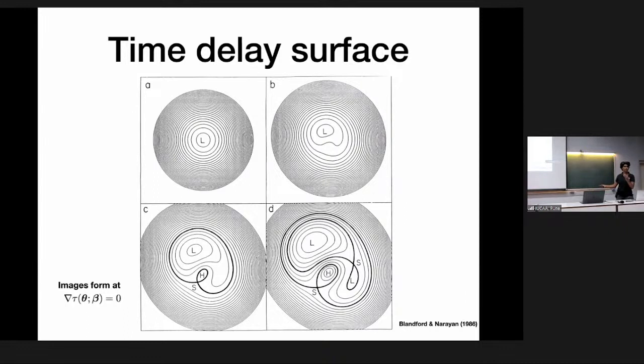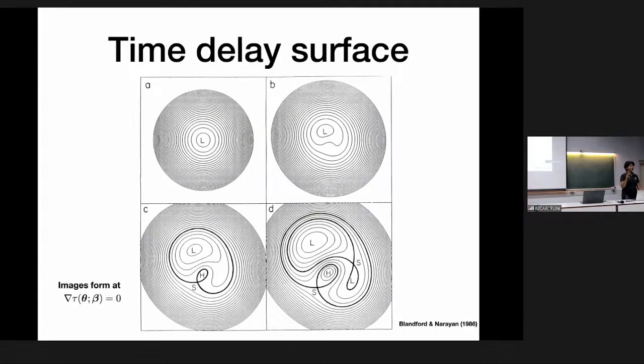This is a maximum in the time delay surface, and S stands for saddle point. These are the locations where the gradient of the time delay, which we showed in the previous slide, goes to zero. So these are the extrema in the time delay surface, and these are the locations where images are formed.